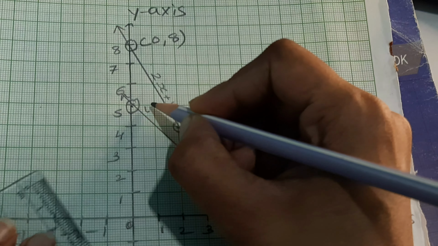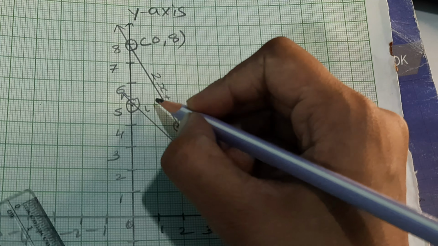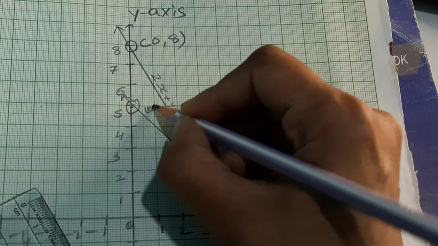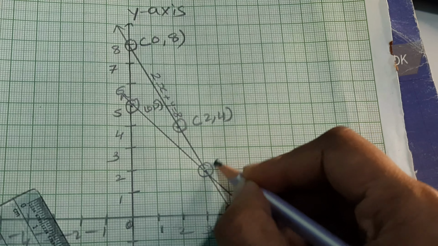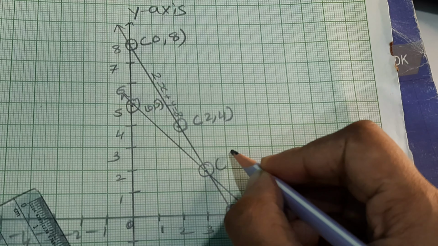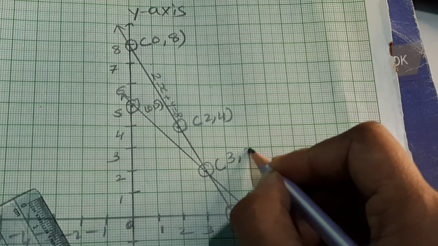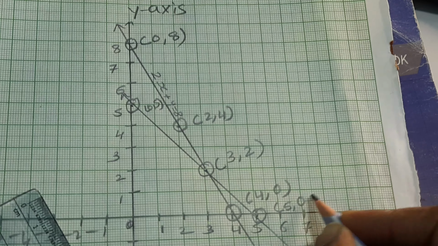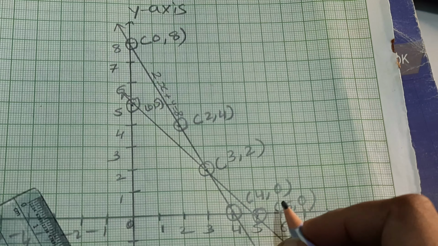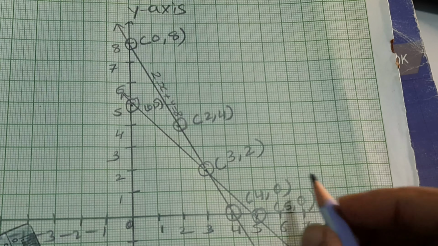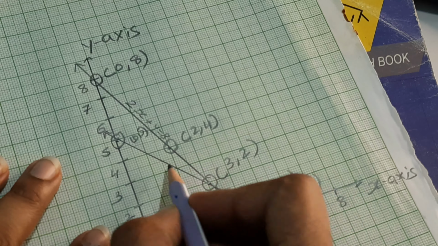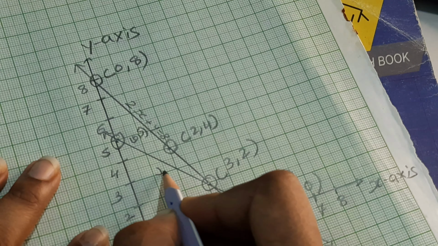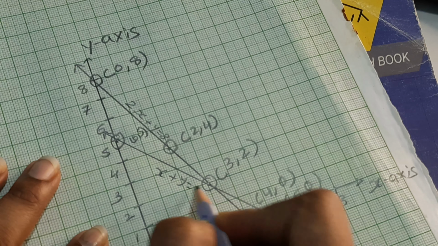So here it was (0, 5). Here it was (3, 2). And the last one here it was (5, 0), right? And this line was x plus y is equal to 5, right?